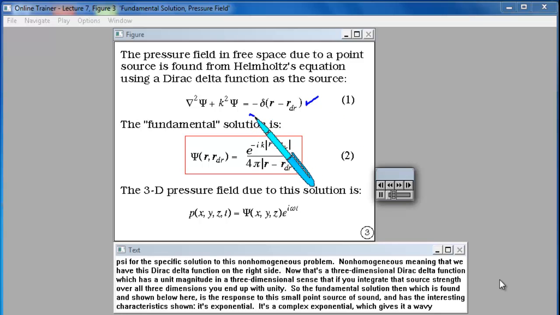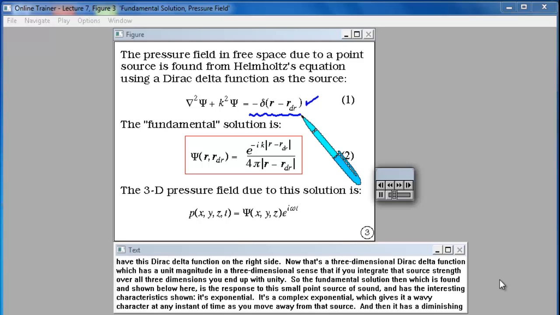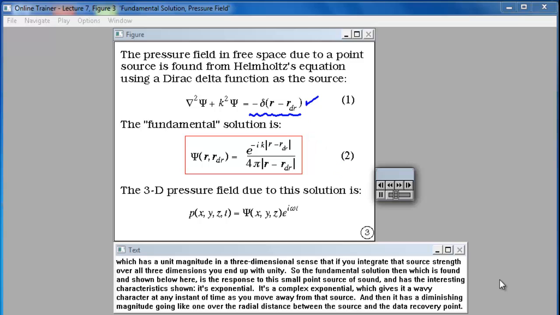Non-homogeneous meaning that we have this Dirac delta function on the right side. Now that's a three-dimensional Dirac delta function which has a unit magnitude in a three-dimensional sense, that if you integrate that source strength over all three dimensions you end up with unity.